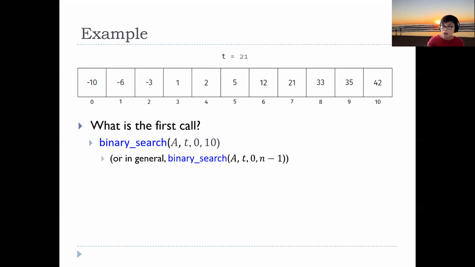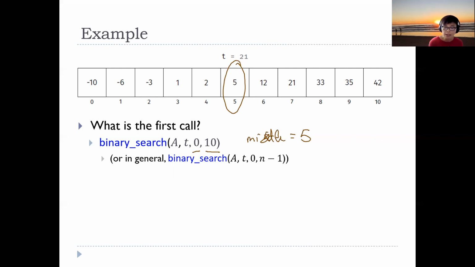So we call this on the entire array. That means that I look for the middle at this point. The middle is start plus end divided by 2, and that's 5. I don't need to do floor because it's 5. That means that I need to first check the array element in the 5th position, and that happened to also be 5, the value.